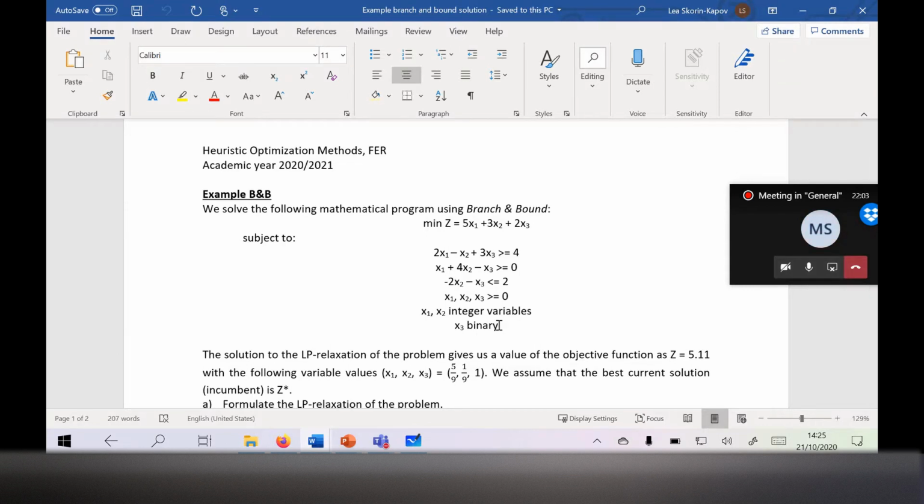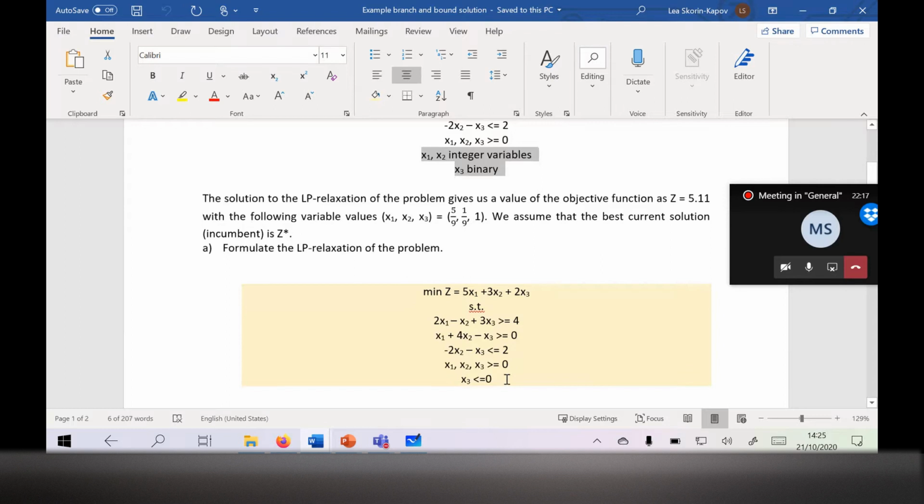So we can just delete these 2 rows, but we can also add one more thing. So if we say that x3 is less than or equal to 1, sorry, why do I have it here? So this should be 1.